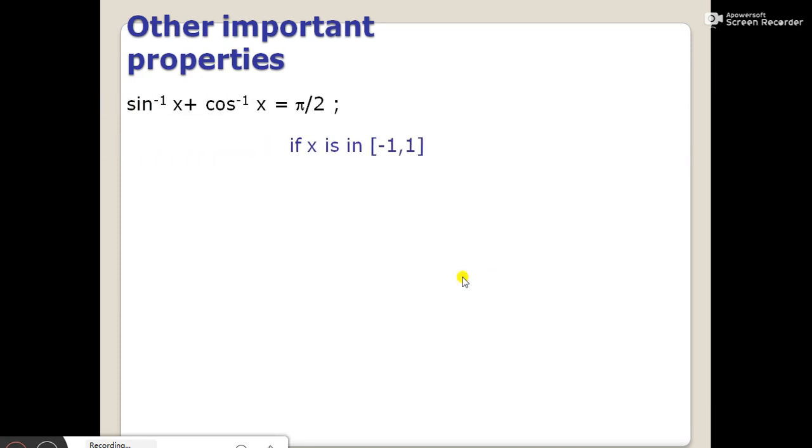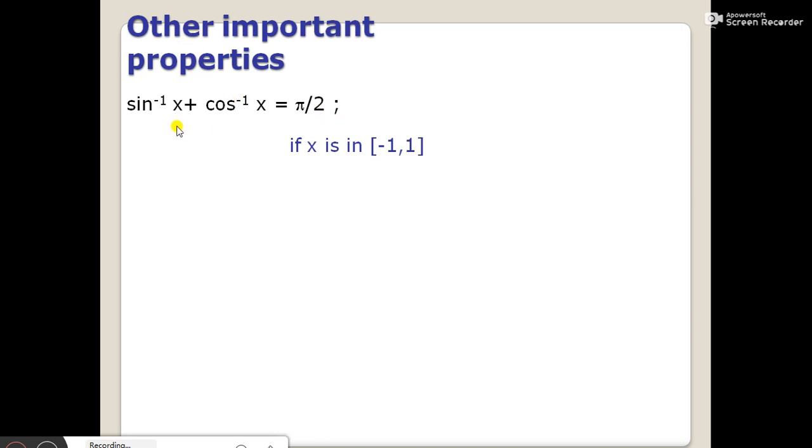Other properties: sine inverse x plus cos inverse x is equal to pi by 2 if x is in the closed interval -1 to 1. The easy proof of this, sine inverse x plus cos inverse x is equal to pi by 2, is given in your book.